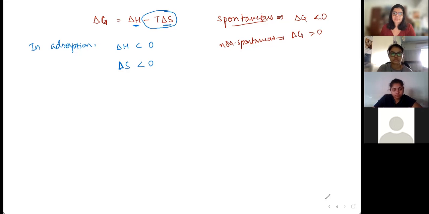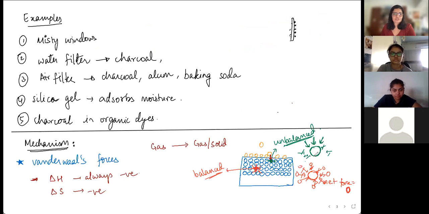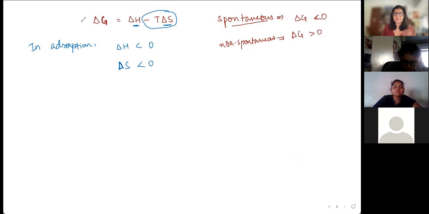Okay. So two criteria for adsorption to occur. The mechanism, what causes adsorption, is the unbalanced van der Waals forces on the surface molecules specifically. Another criterion is, again, it will happen only if delta G is negative. So for a particular pair of adsorbate and adsorbent, they're going to have some energy changes and entropy changes.